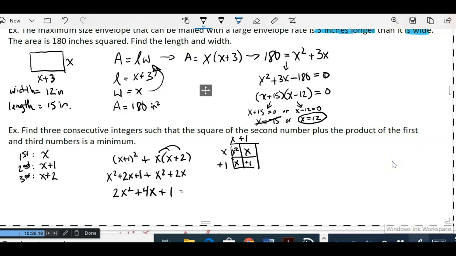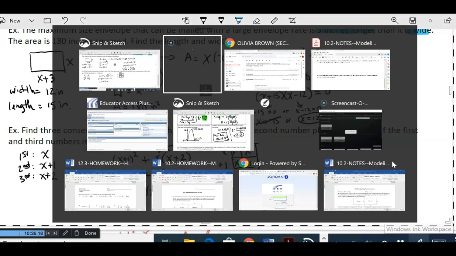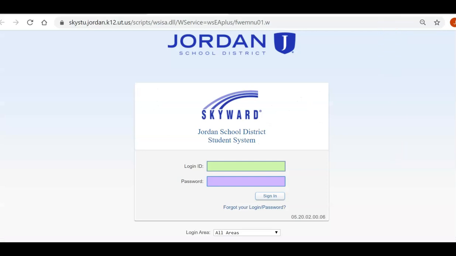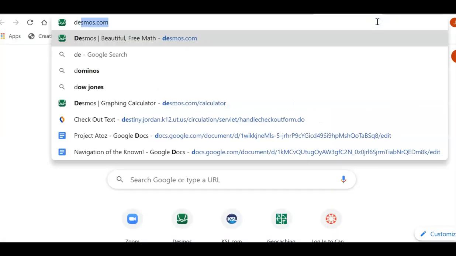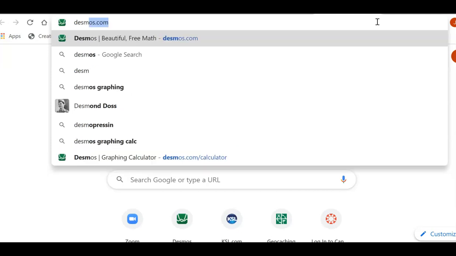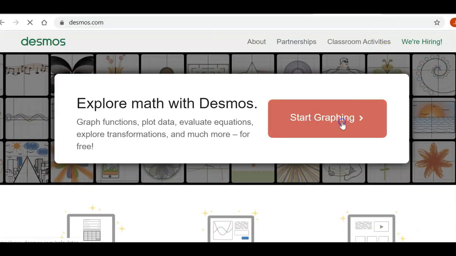Then I would recommend that we go to Desmos and graph it.